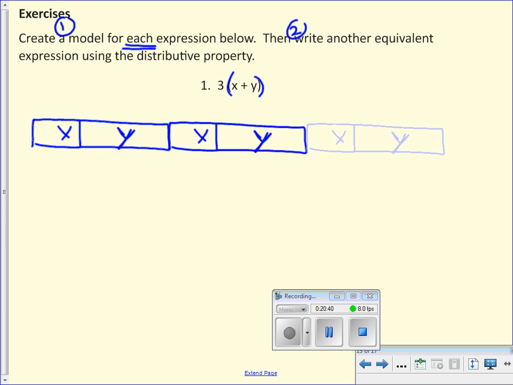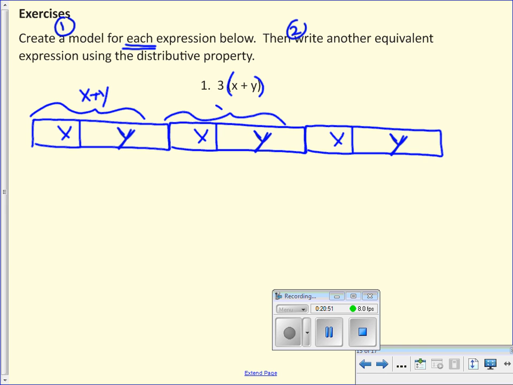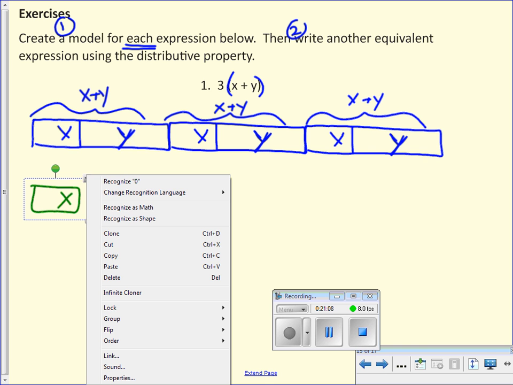So 3 groups. Boys, this is not the first time I've had to ask you to stop being distracting. So here's a group of x plus y and my third group of x plus y. Now I'm going to draw a second model that rearranges it. So here is my x, but I have 3 of them.